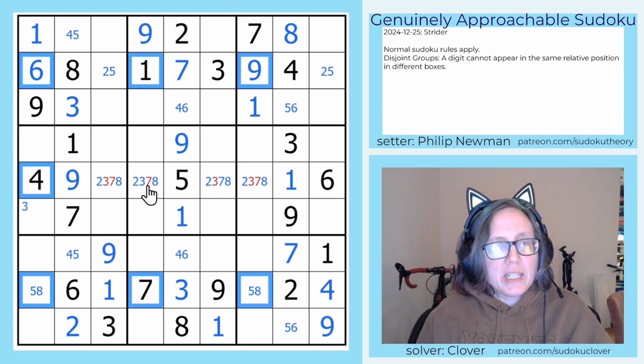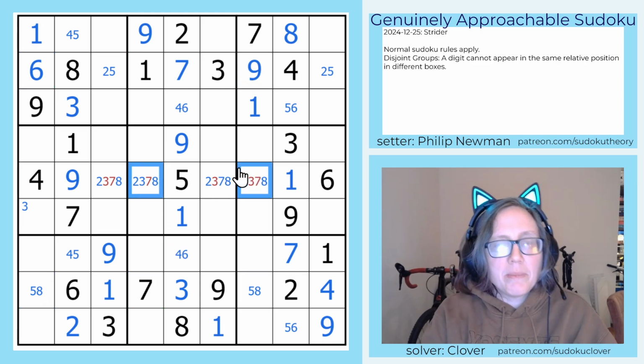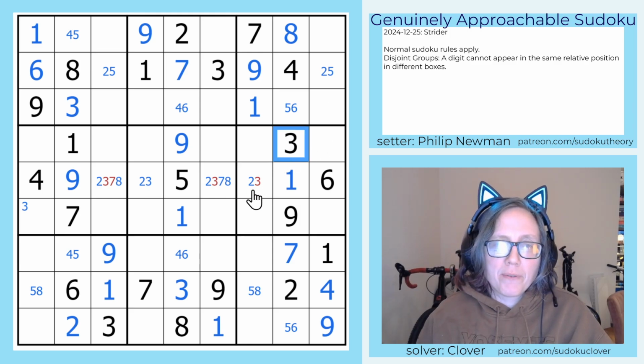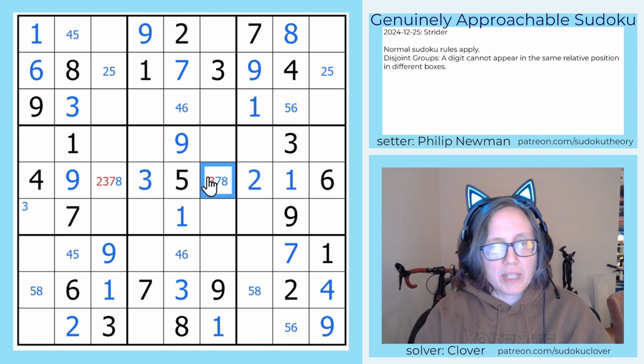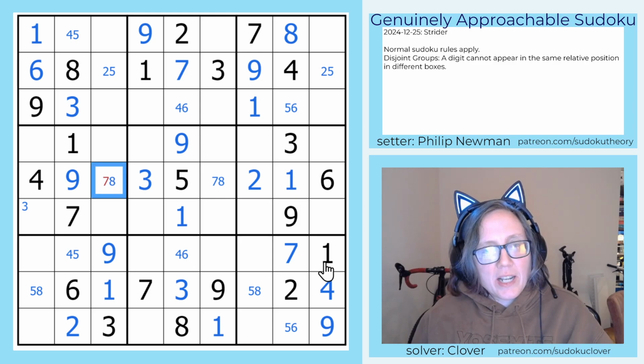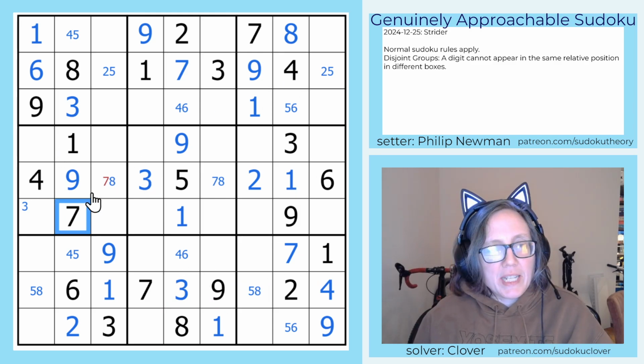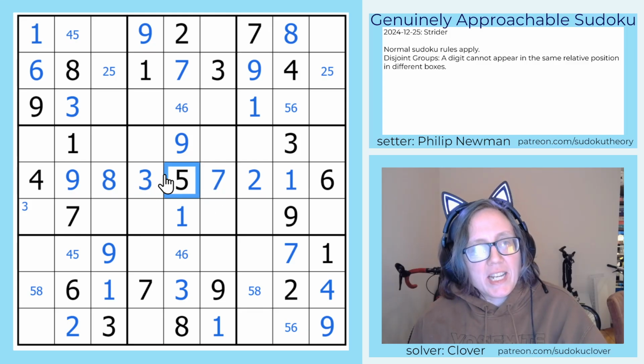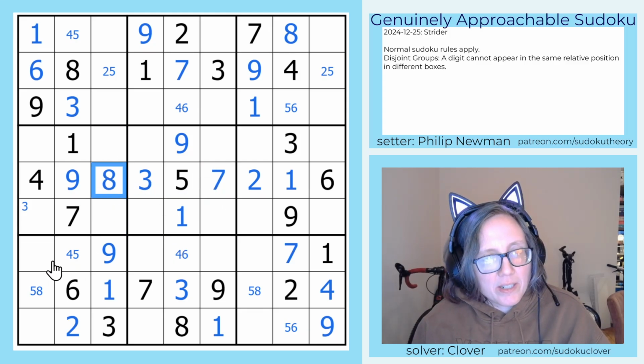So we can eliminate 7 and 8 from these cells. And therefore this one has to be a 2, and that's a 3. Now, this cannot be a 7 because we already have a 7 in the region. So there's an 8 there and a 7 there.